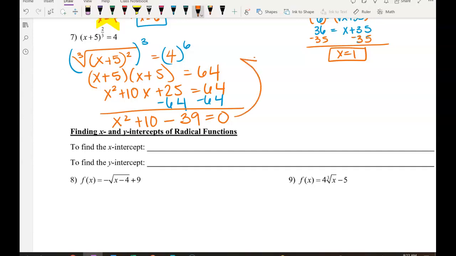Okay, I want you to take a minute to see if you can factor it out. Find 2 numbers. When you multiply, equals negative 39. And when you add, equals positive 10.